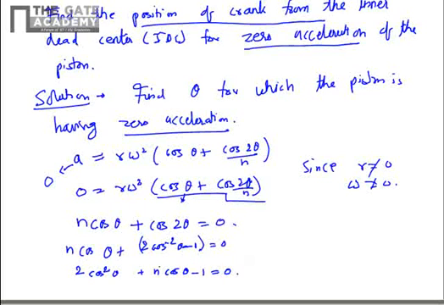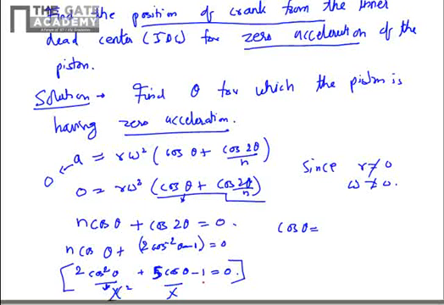Here n is 5, so we replace it by 5: 2 cos square theta plus 5 cos theta minus 1 equal to 0. This is a simple quadratic equation, where cos theta is our variable.